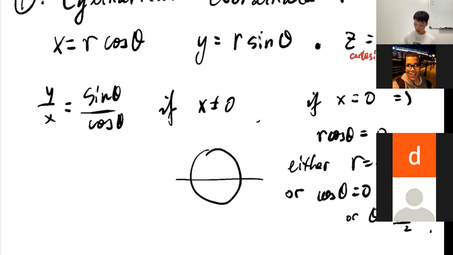So let's bring down the unit circle. So this is theta equal to 0. This is theta equal to pi over 2. Theta equal to pi, and then this is theta equal to 3 pi over 2. Okay.